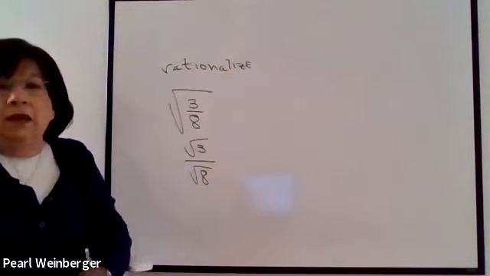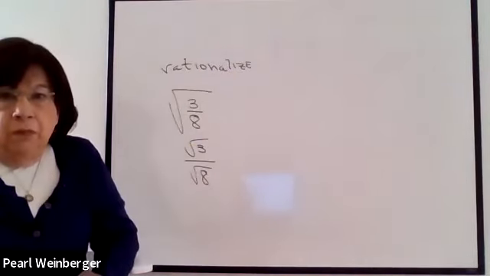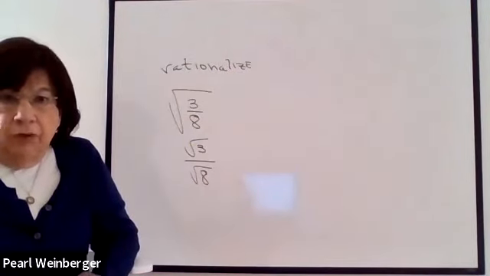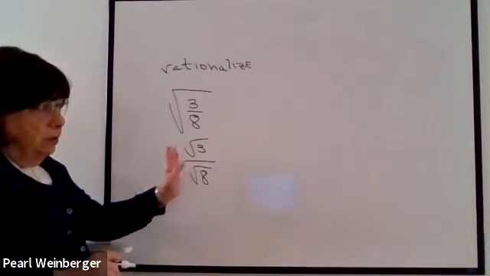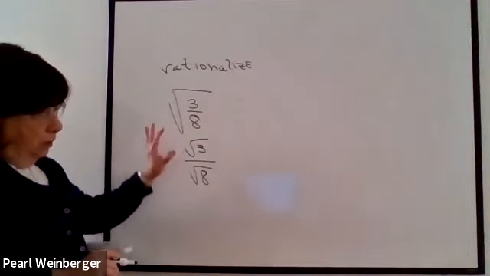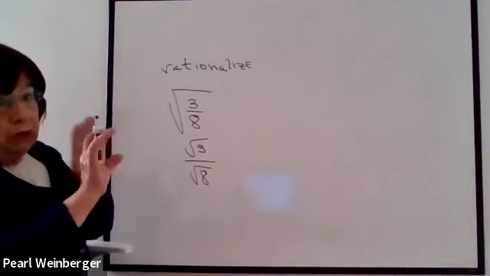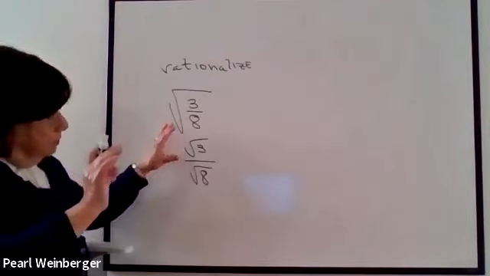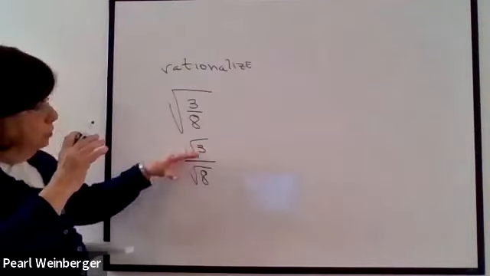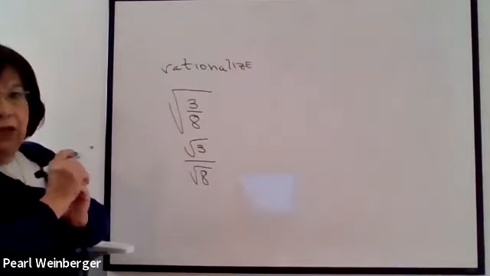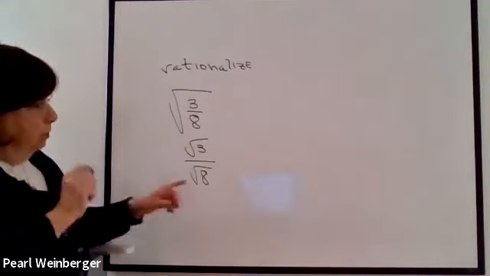Rationalize meaning making it into a rational number, a number without any square root. So again, we're always going to concentrate on the denominator. What happens to the numerator, we don't worry so much. If we can simplify it, we will. But first, our concentration is always on the denominator. We have to rationalize the denominator.